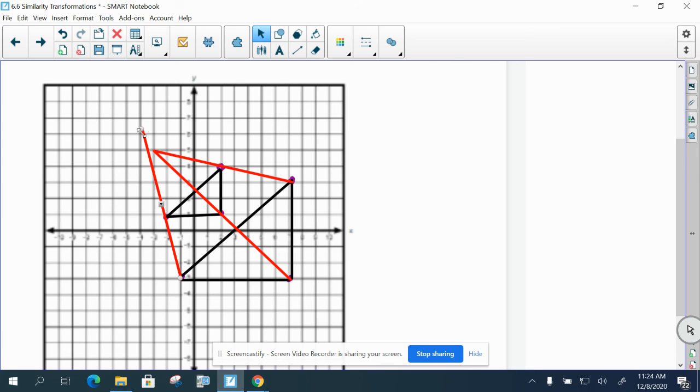You might not just want to draw it like a vague picture, but you might want to go ahead and use a slope. Because when I did this, I wasn't exactly going through this point here. I was kind of missing it, so it might be helpful to use a slope. So 1, 2, 3, 4 over 1. All right, there we go. So that's what that should look like. So that would be your center of dilation, point (-3, 5).